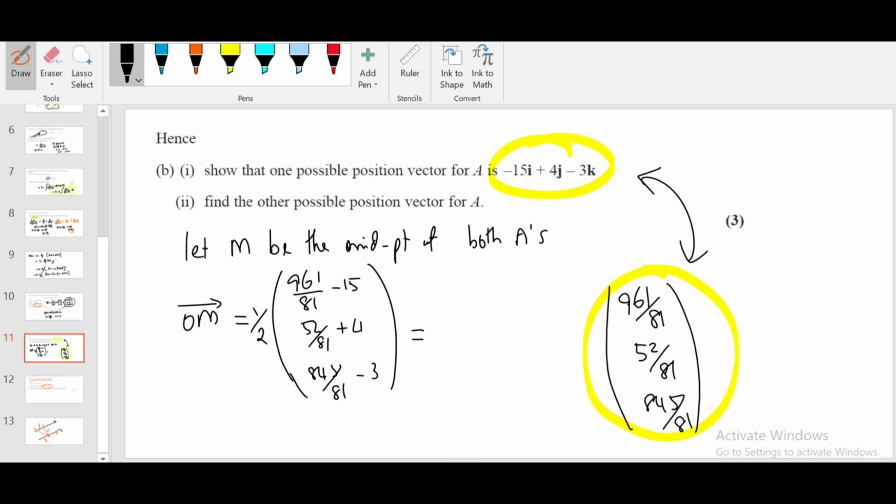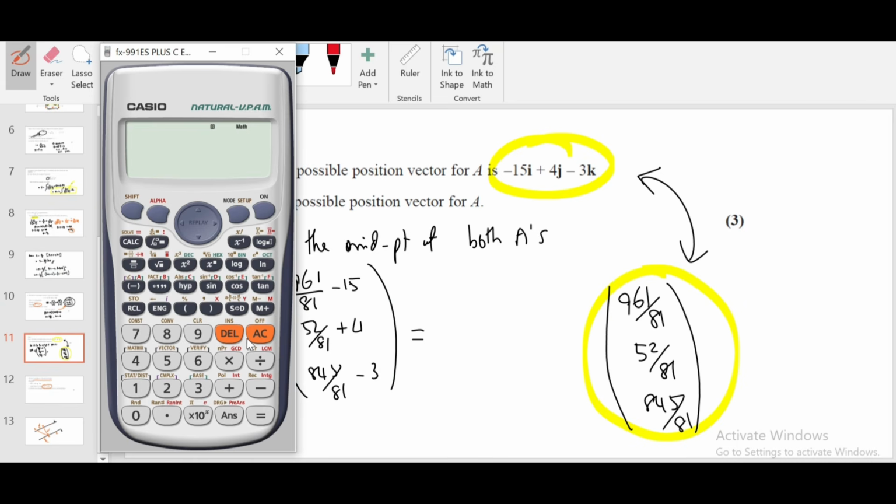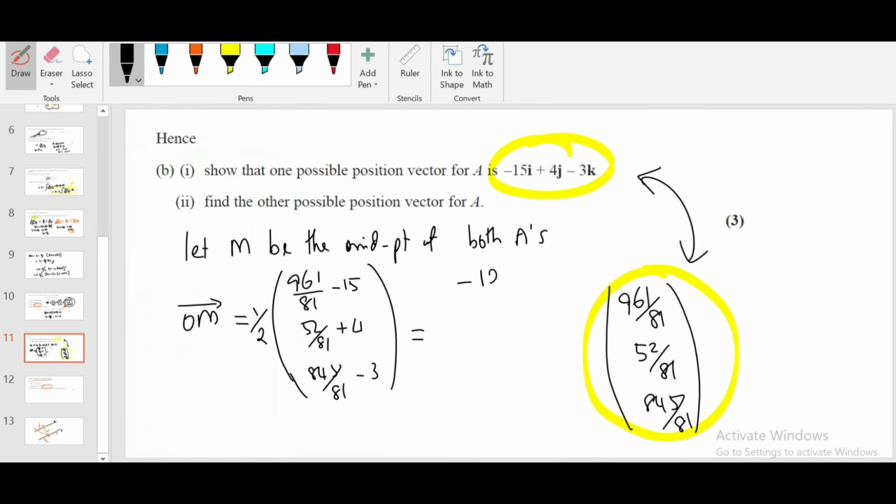So I'm going to calculate this now. First, 961 over 81 minus 15, divided by 2, gives minus 127 over 81.